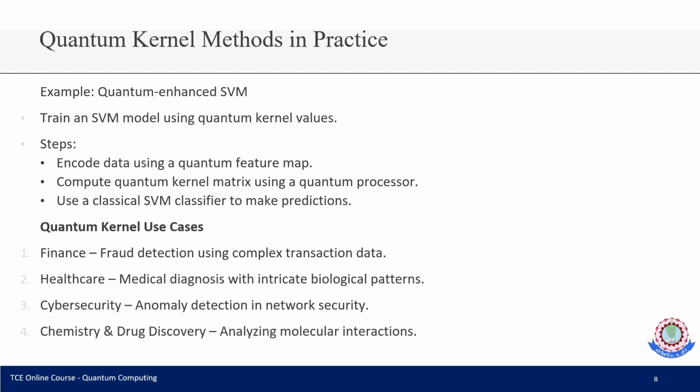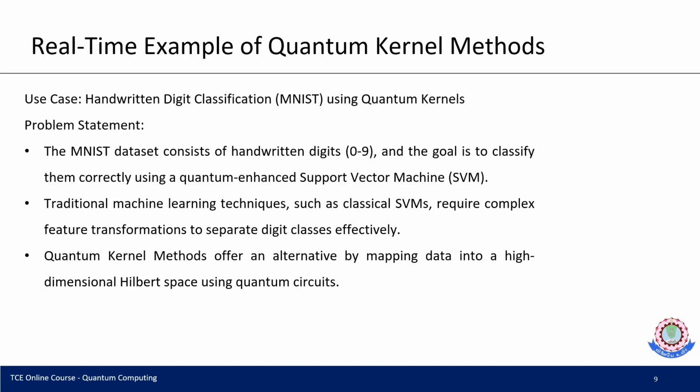For finance, fraud detection using complex transaction data. For healthcare, medical diagnosis with biological patterns. For cyber security, anomaly detection in network security. For chemistry and drug discovery, analyzing molecular patterns and interactions.